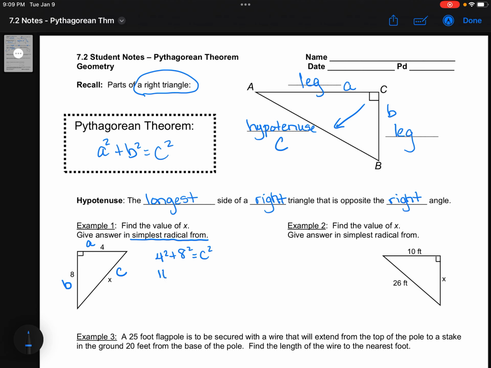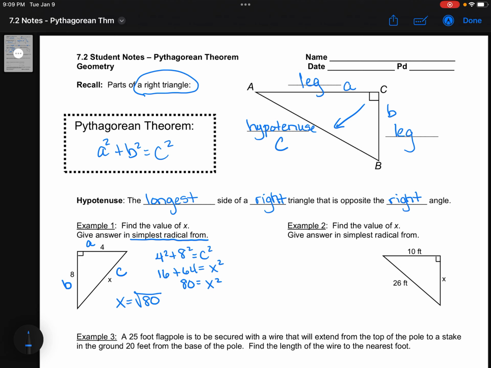So 4 squared is 16 plus 64 is x squared. You have to square before you add. 16 plus 64 is 80. So that means x equals the square root of 80.